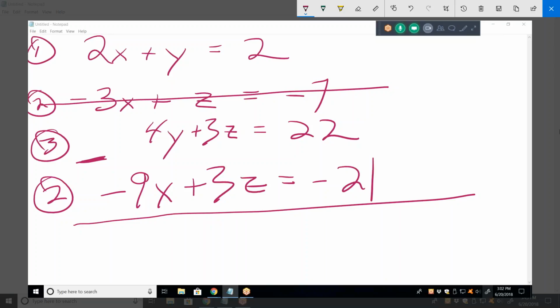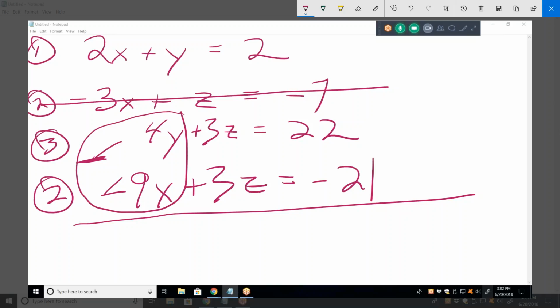But what's negative 4y minus a negative 9x? It would just be negative 4y minus 9x. It'd be plus 9x. How come? Because it's a negative and a negative.